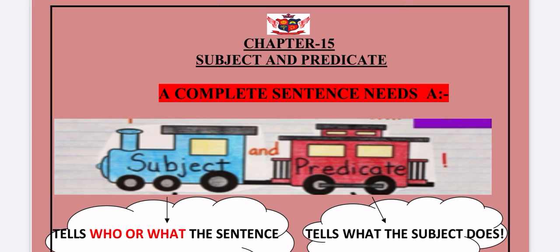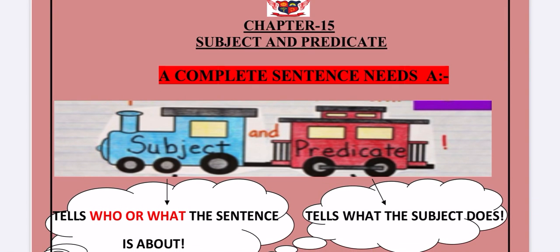A train cannot run without an engine or without a compartment. So it needs both. So a complete sentence also needs two parts. It needs a subject and a predicate. Without any one of them, the sentence is not complete. So a complete sentence needs a subject and a predicate.